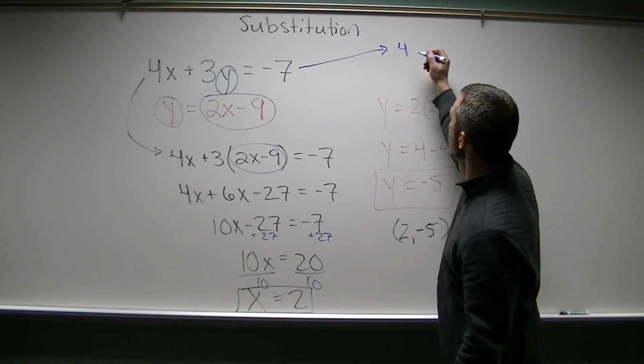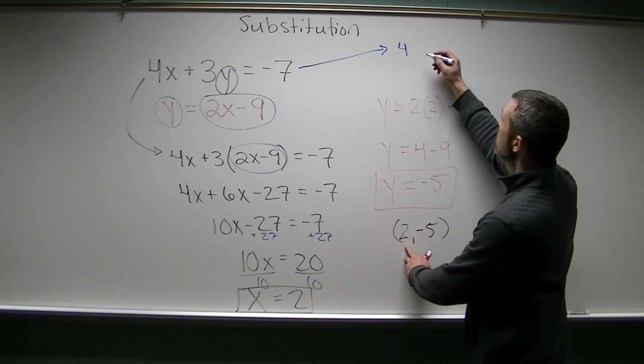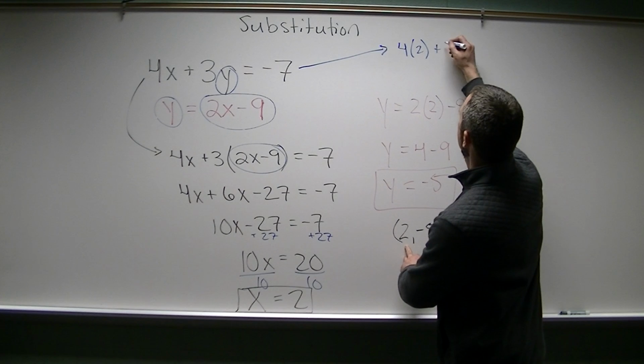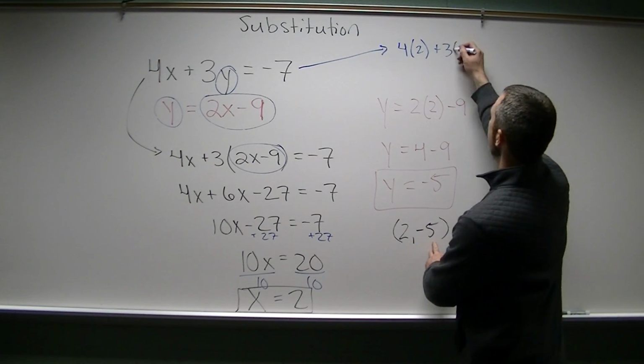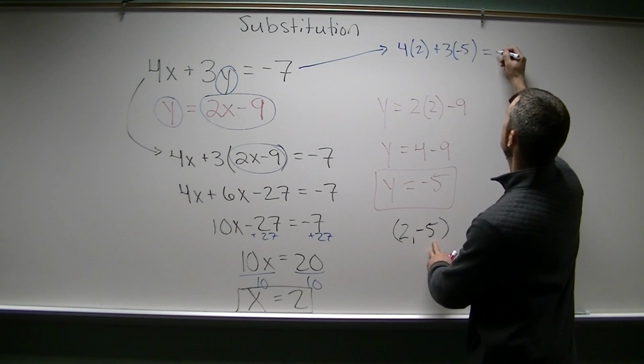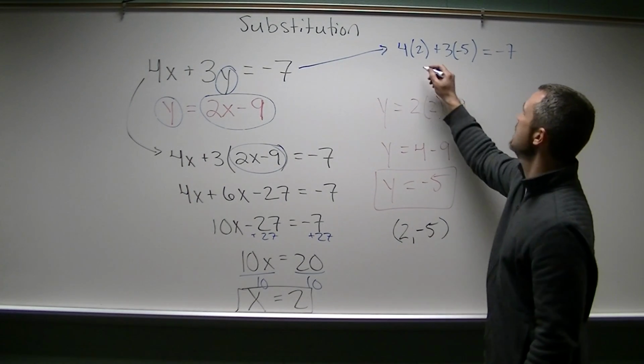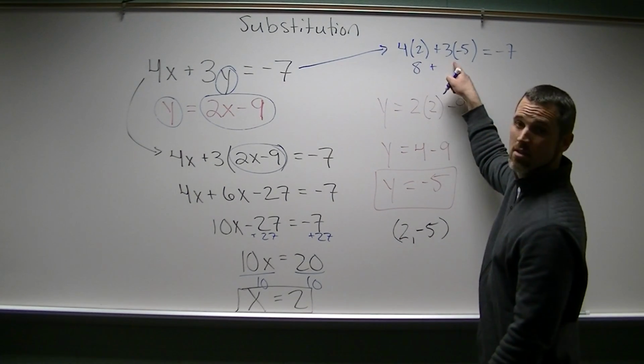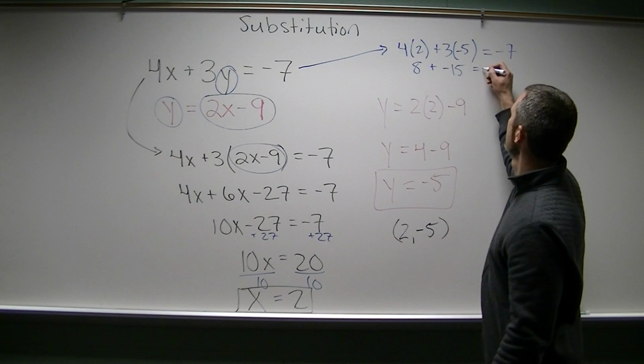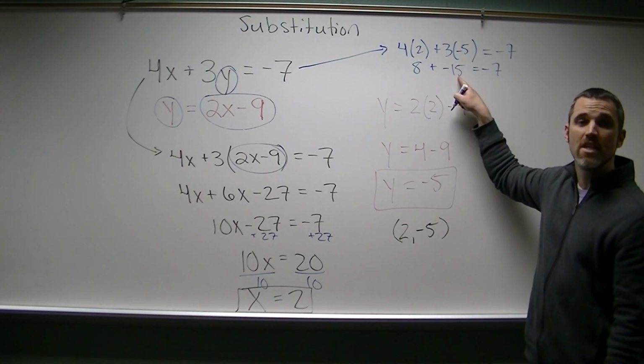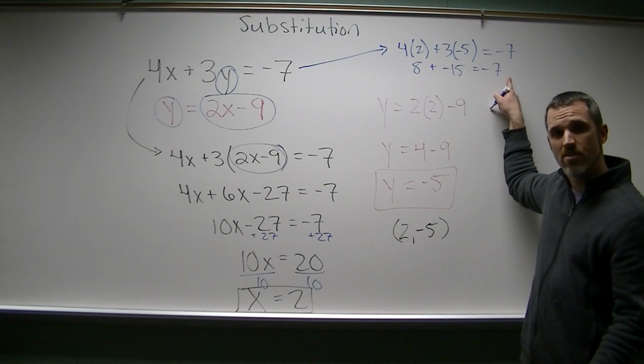So 4 multiplied by the x value, which is 2, plus 3 multiplied by the y value, which is negative 5. It should come out to be negative 7. If we look at this, 8 plus negative 15 is indeed negative 7. So we have the solution to the system.